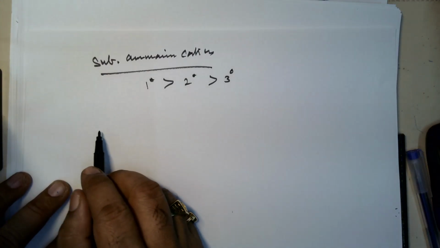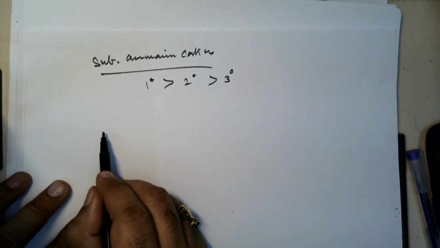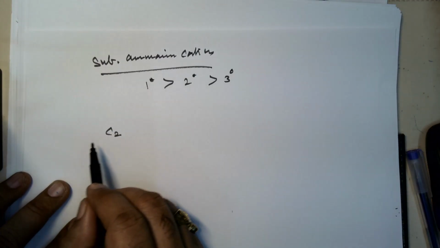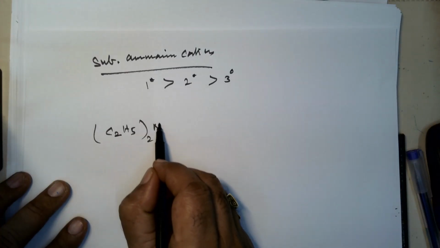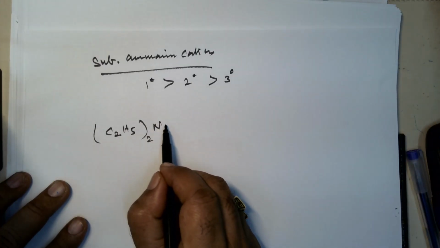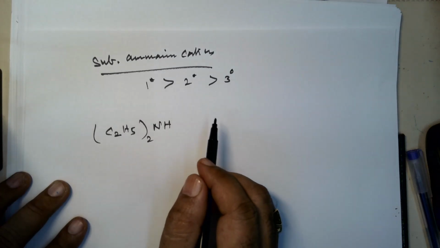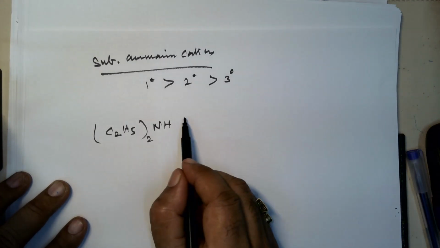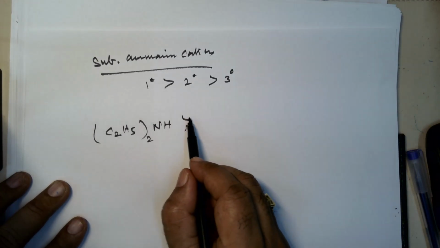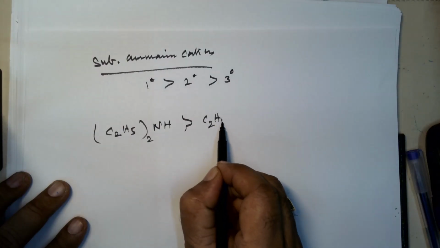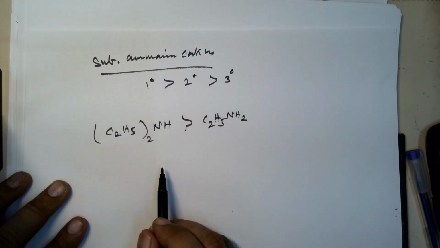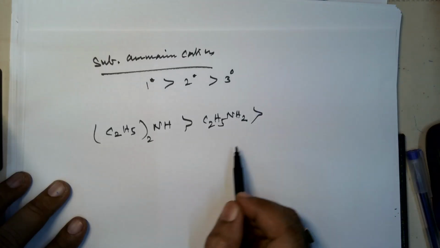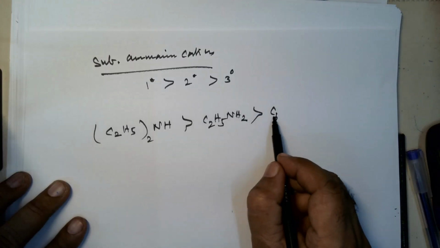Now let us study (C2H5)2NH. What do you call this one, primary or secondary amine? The secondary amine is more basic than C2H5NH2 in this case, and that is more basic than aniline.